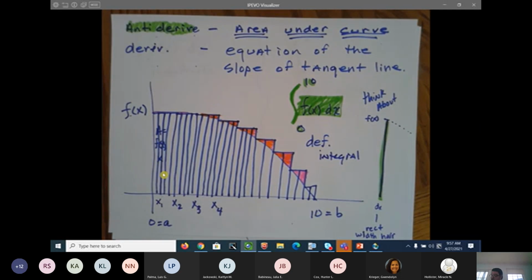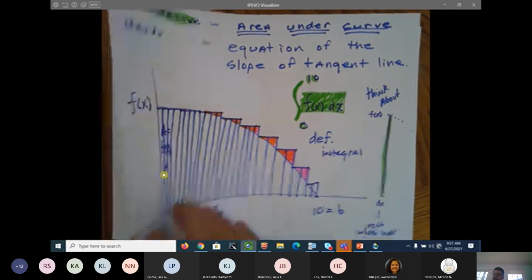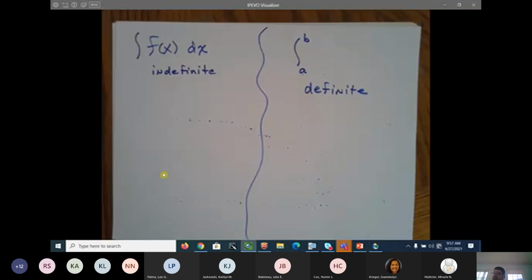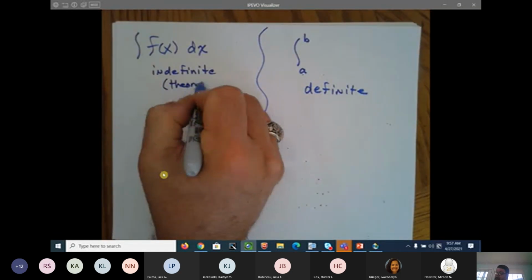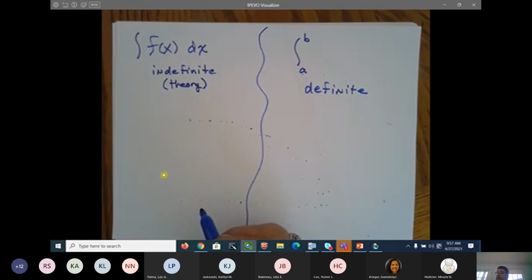Okay, so there's two types. Indefinite integral is basically theory. What is the antiderivative of 2x? What is the antiderivative of 3x? What is the antiderivative of x squared plus 2x plus 3?